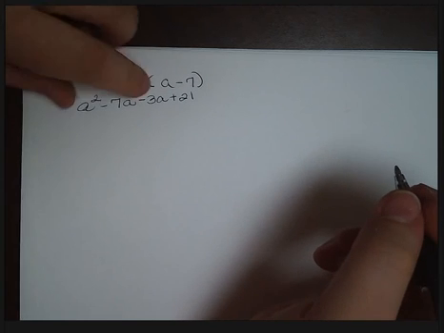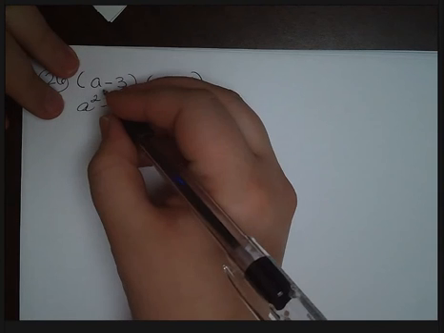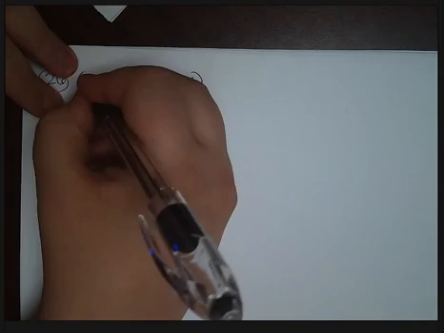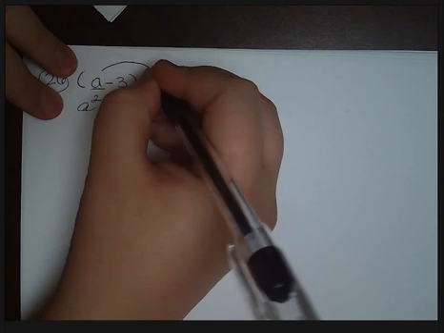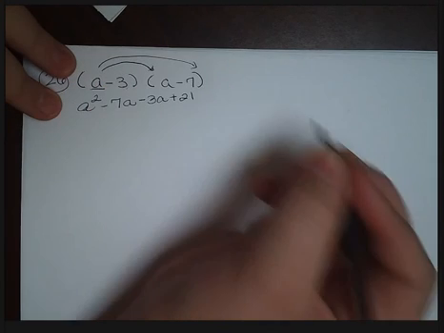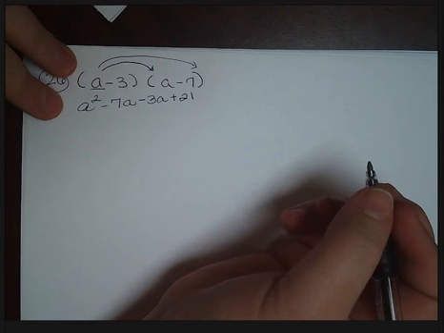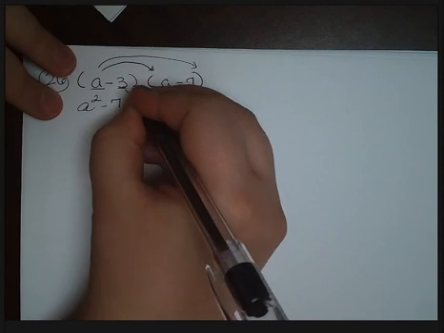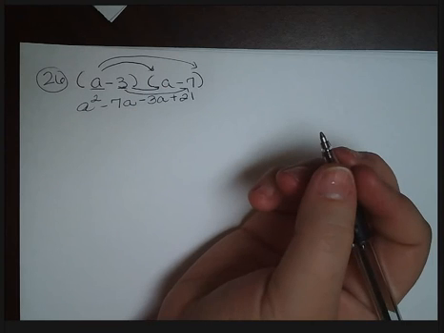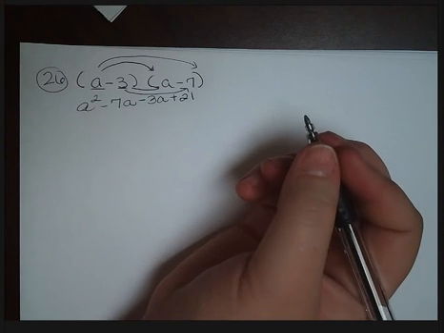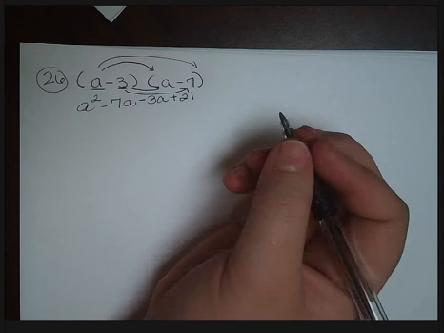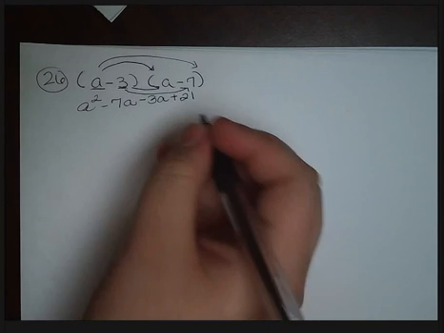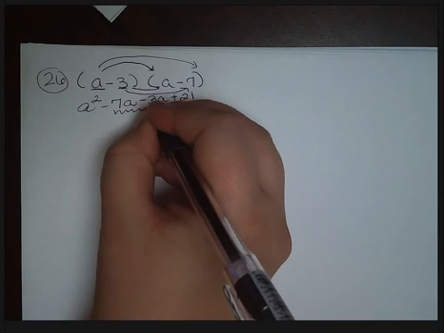So again, when you're multiplying a binomial times a binomial, you take this first term and multiply it by everything in that second set of parentheses. Then you take your second term and you multiply it by everything in that second set of parentheses. Okay? So you're just doing the distributive property twice. But we're not done yet. We still have to combine our like terms.